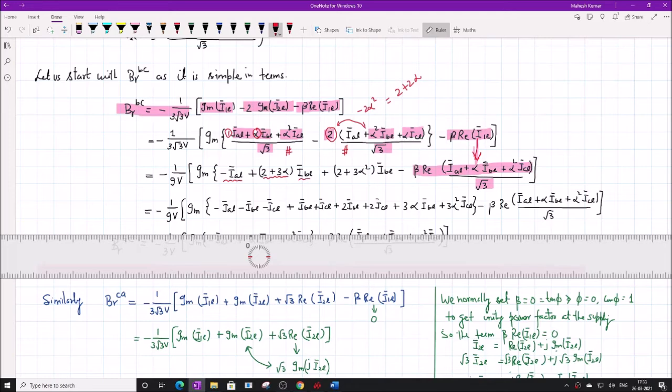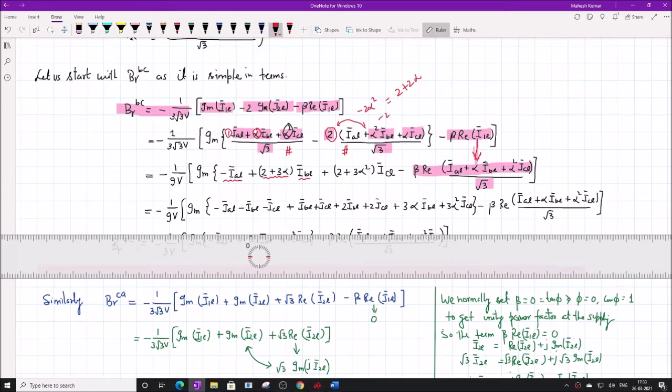Similarly for ICL, this is ICL, not IBL. Please correct this. So ICL is alpha square here, and here it is minus 2 into alpha.